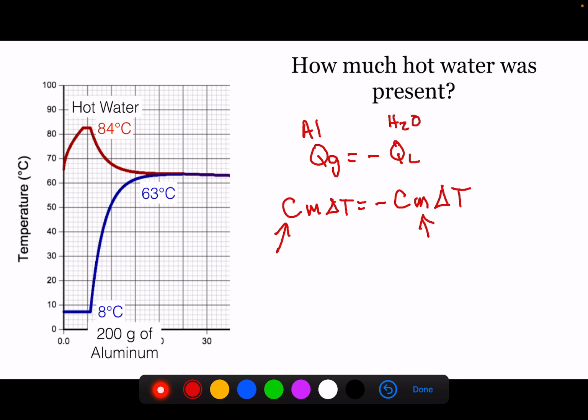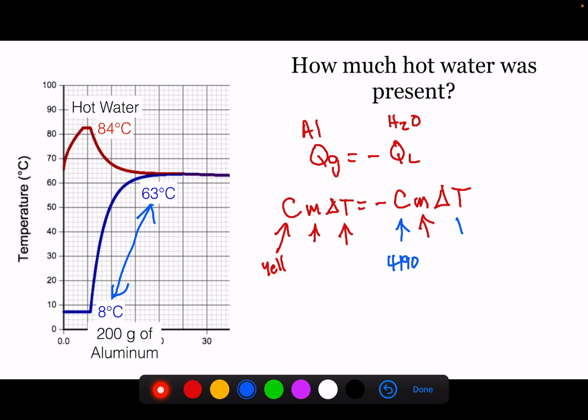Make sure you use the specific heat of aluminum, so you can look that up on your yellow sheet. Make sure you're working in kilograms, and make sure for your delta T, you use the change for the aluminum. For the hot water, you're going to be using the value for water, which again is 4190.